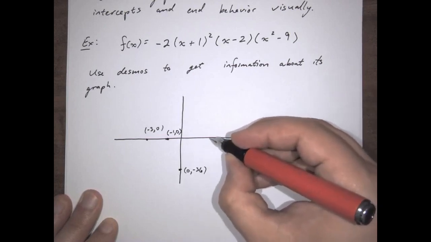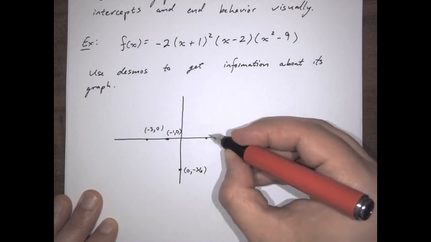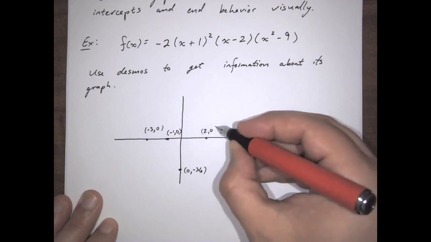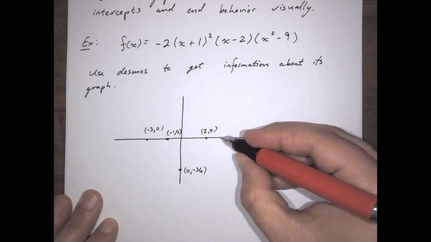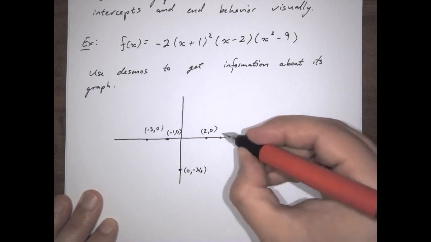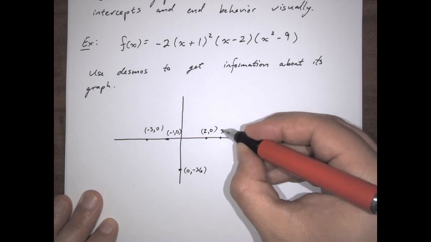Then over here we had 2, 0. Then we had 3, 0.